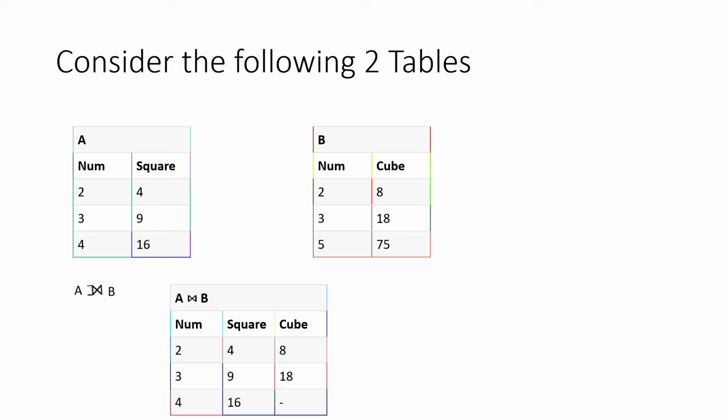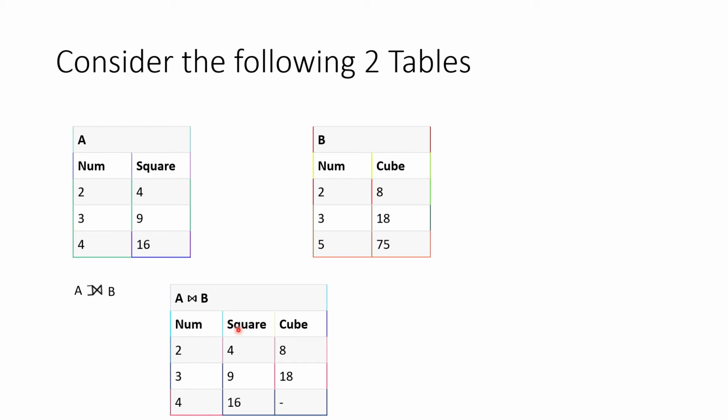Consider the following two tables. We have an example of left outer join, table A and table B. So we have num 2, 3, 4 and num 2, 3, 5, with square value and cube value for it. Now when we are combining with the help of left outer join, for the left we will take all the rows 2, 3, 4 as they are.